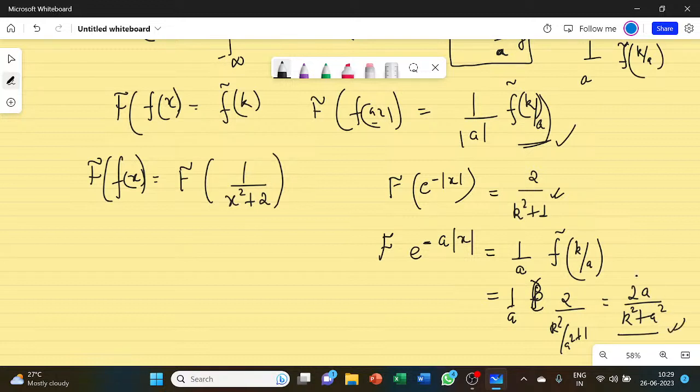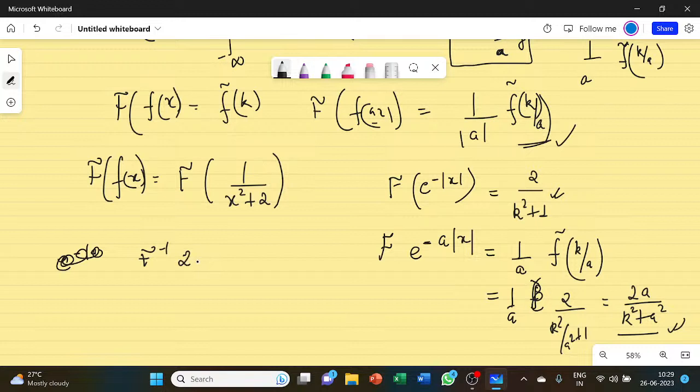Now the Fourier transform that was given to me was this, so I have to find the Fourier transform of this particular function. If I write the inverse Fourier transform, again the inverse Fourier transform is also a Fourier transform, don't worry about it.